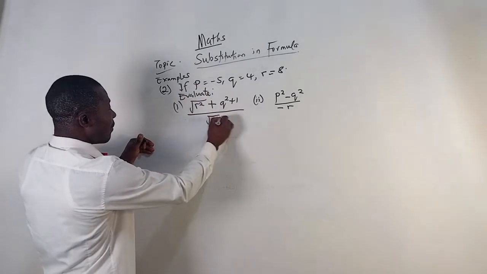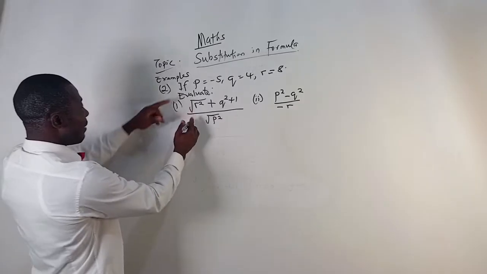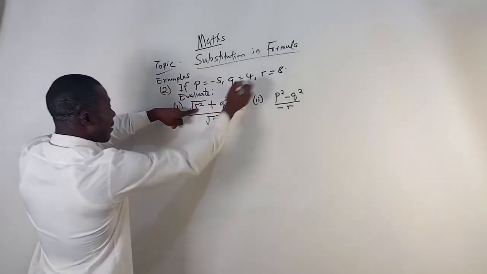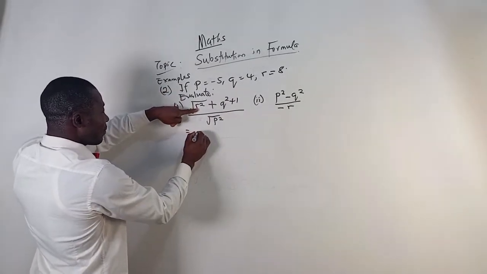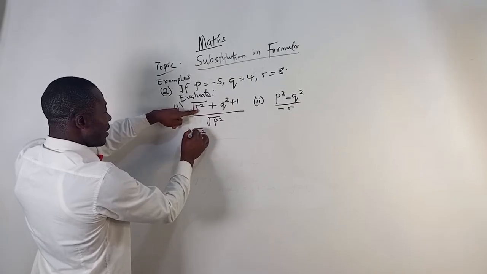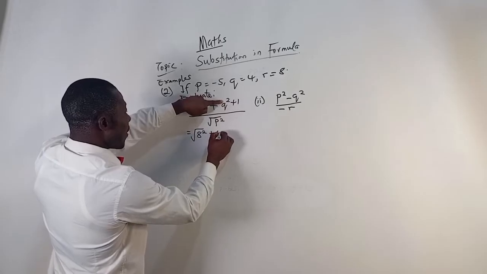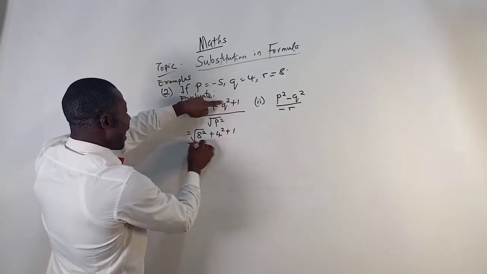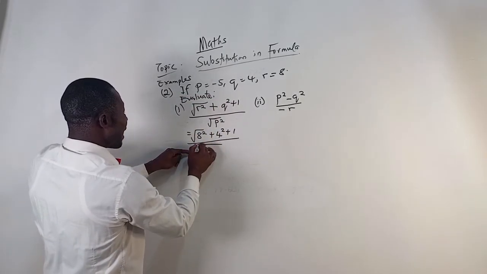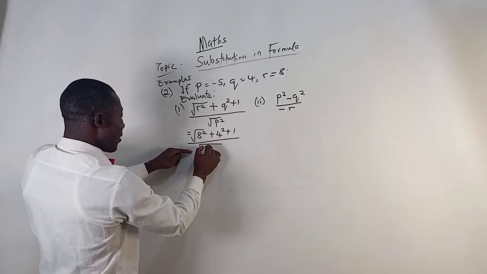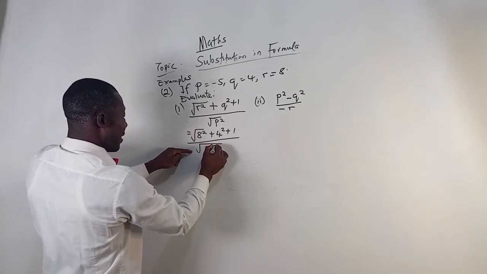Now, we have r squared as 8 squared, plus q is 4, that's 4 squared plus 1, everything over the square root of minus 5 squared.